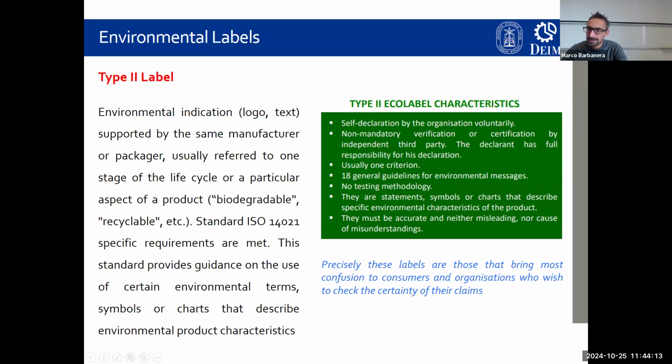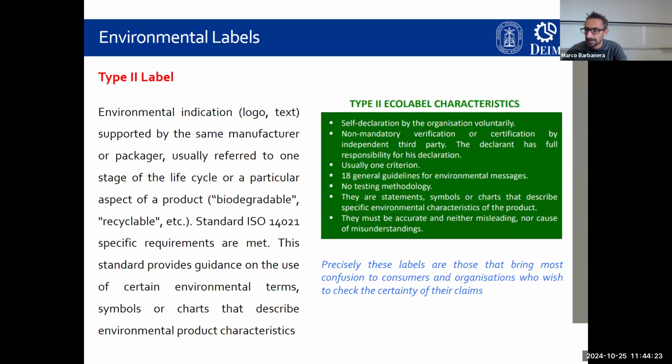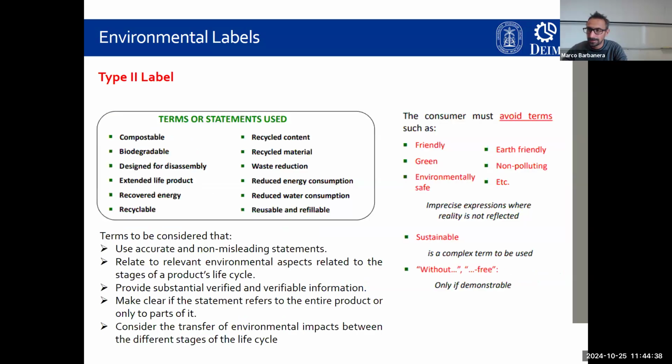Obviously, this label is not very useful because typically this self-declaration is not verified by a third-party entity, so the credibility of this label is not very high compared to type 1 and type 3.